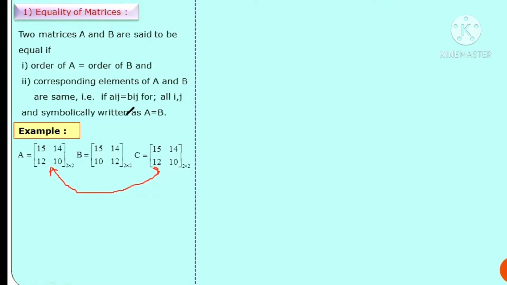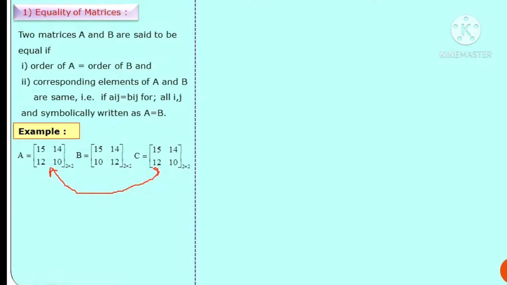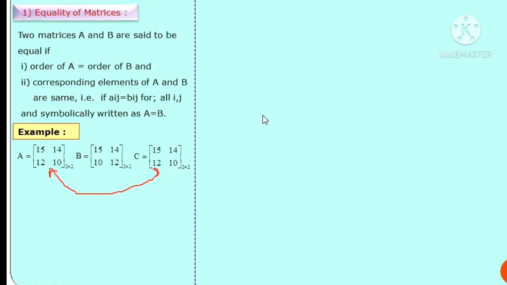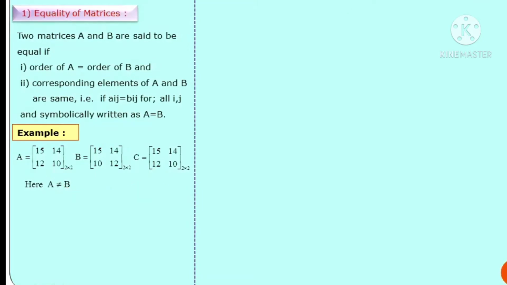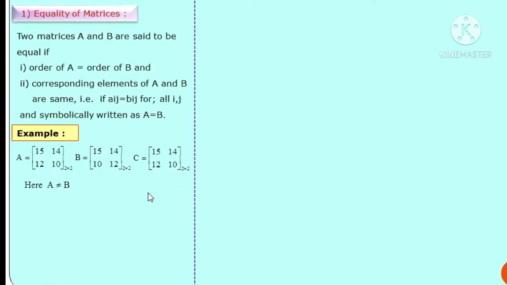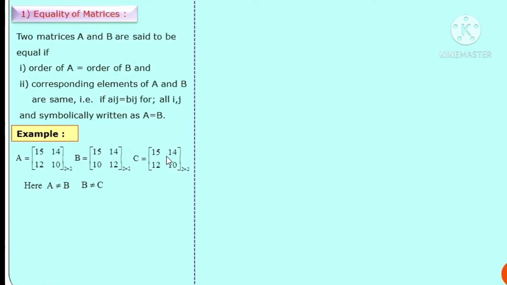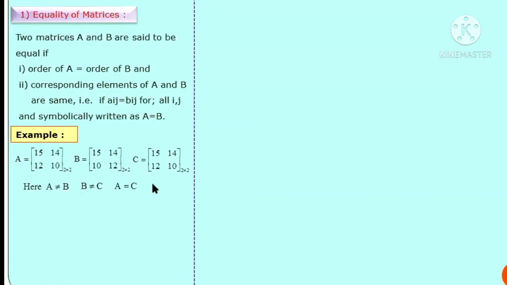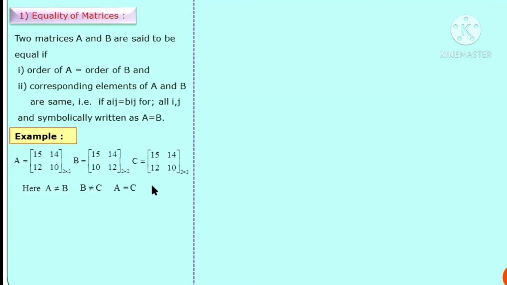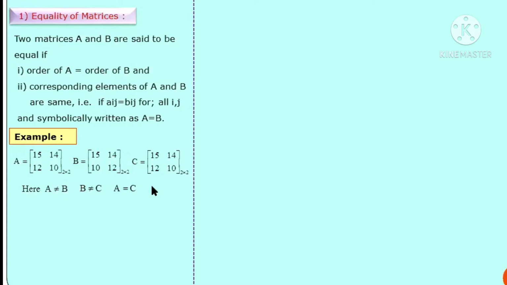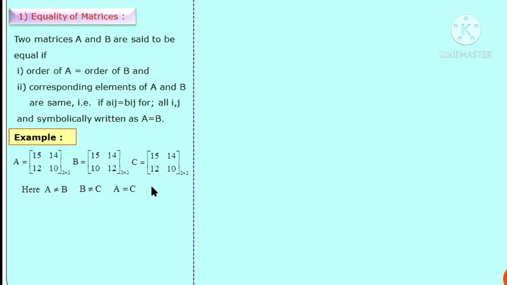Hence, only A and C are equal, not B. A is not equal to B. B is not equal to C. Only matrix A and C are equal. So this is the concept of equality of matrices. Matrices are equal under two conditions: the order must be the same, and the corresponding elements of both matrices must also be the same.